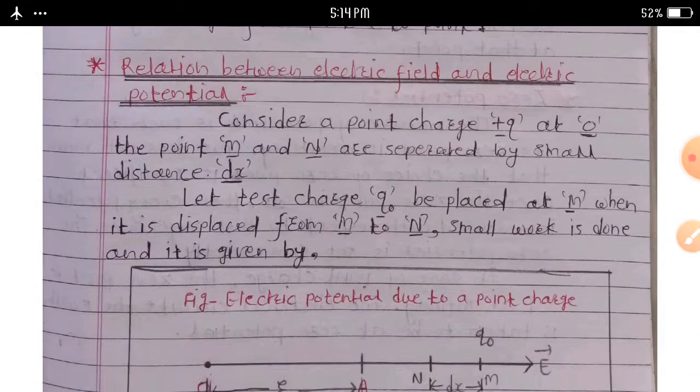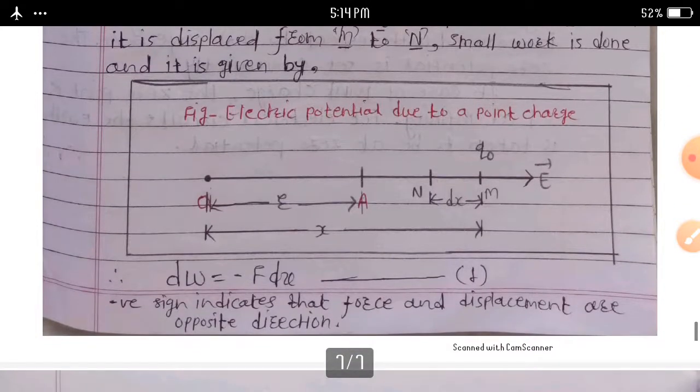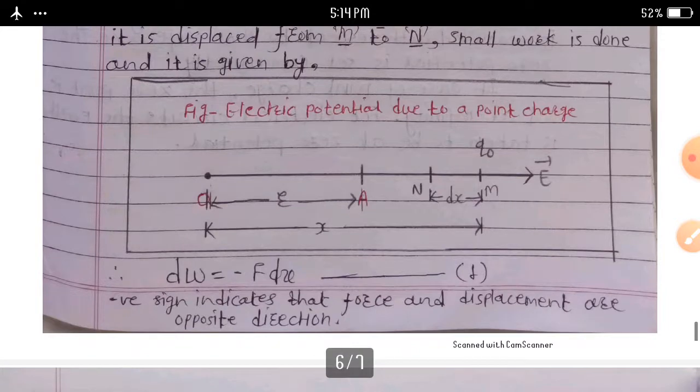Then we can derive a relation between electrical field and electrical potential. See this diagram, electric potential due to a point charge. We can explain a relation between electrical field and electrical potential.